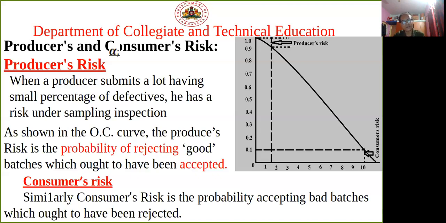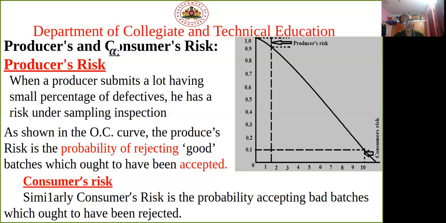As shown in the figure, you can see the producer's risk at the top of the curve. So what is that exactly? The producer's risk is the probability of rejecting a good batch which would have been accepted. What does it mean? For example, 100 items are there in the lot, and out of the 100, 5 items are selected.